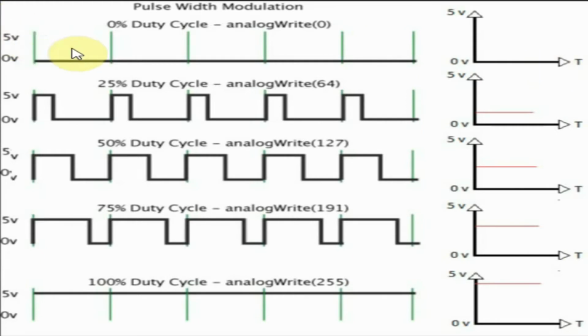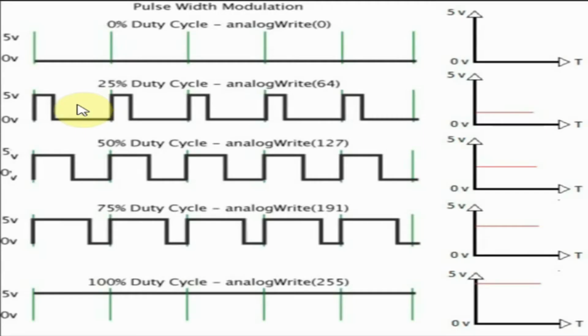In PWM, the time between two green lines is 2 milliseconds in Arduino. Then we see this black line at the bottom, at 0 volts. It means the pin is off, providing 0 volts continuously, so the connected LED is continuously off. So this is the first graph.